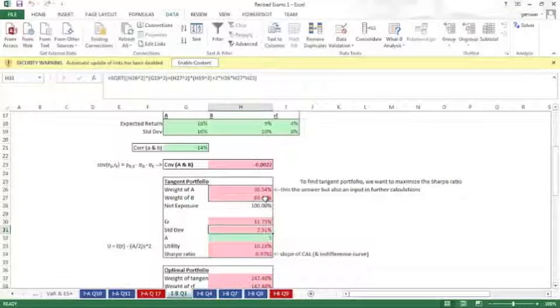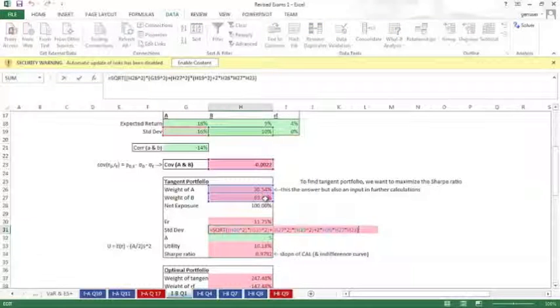And the standard deviation formula is just the square root of the weight of the bond fund squared times the standard deviation of the bond fund squared plus the weight of the stock fund squared times the standard deviation of the stock fund squared plus 2 times the weight of the stock fund times the weight of the bond fund times the covariance.